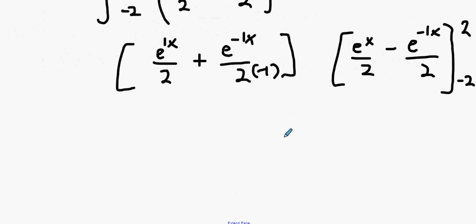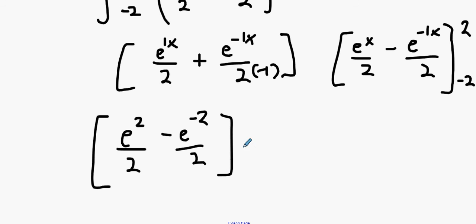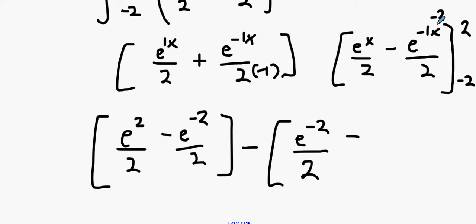Plug them in, you get e squared over 2, and that's going to be minus e to the minus 2 over 2. Then replace all x's with minus 2's. And then minus minus 2 will be plus 2.